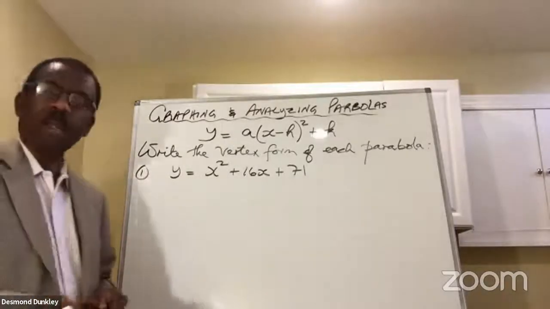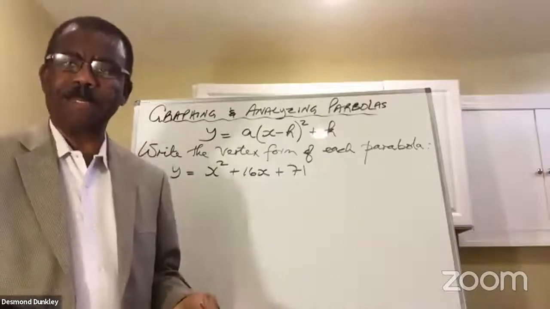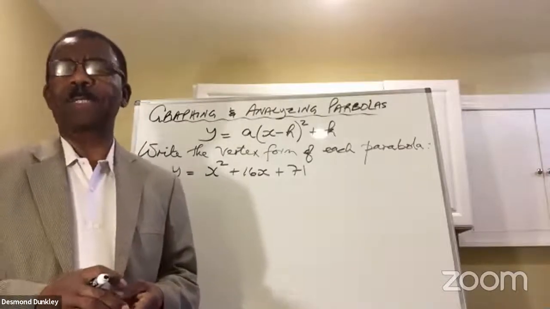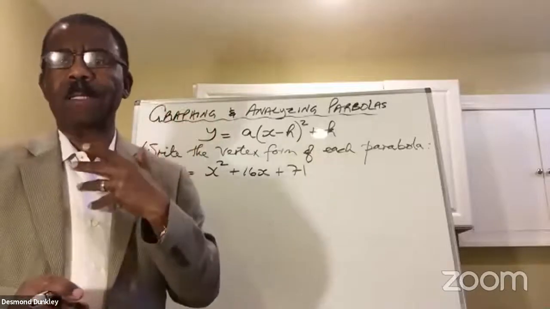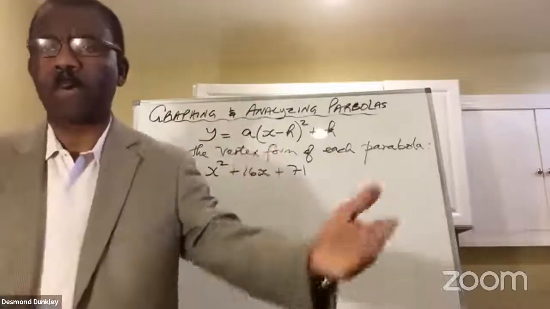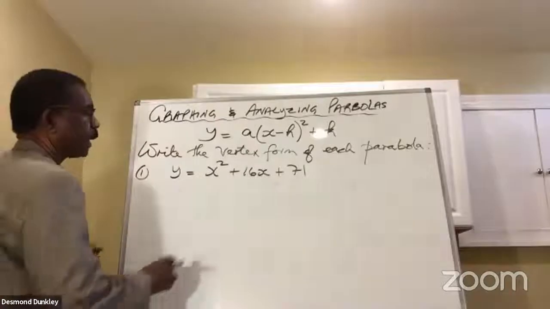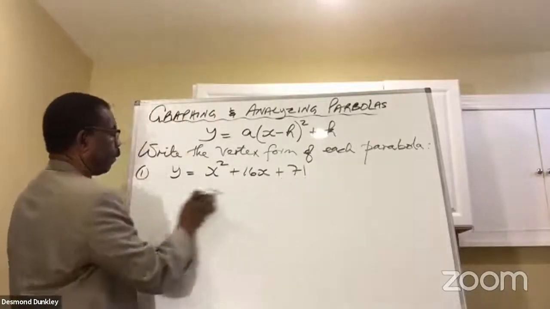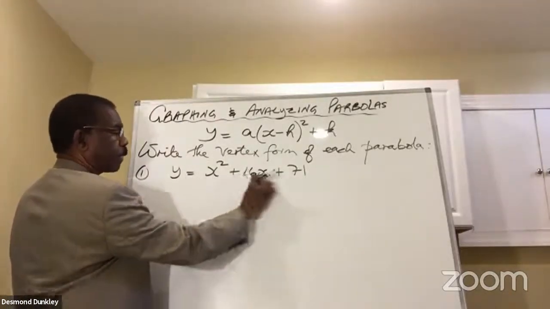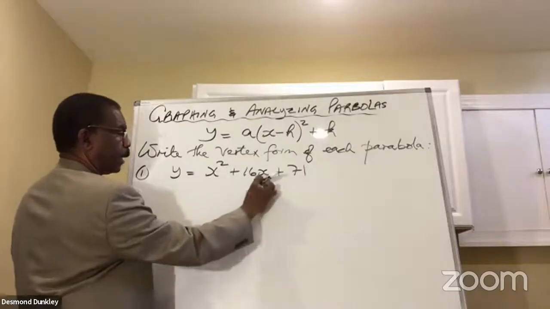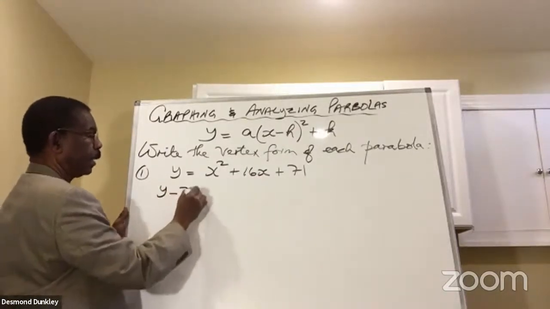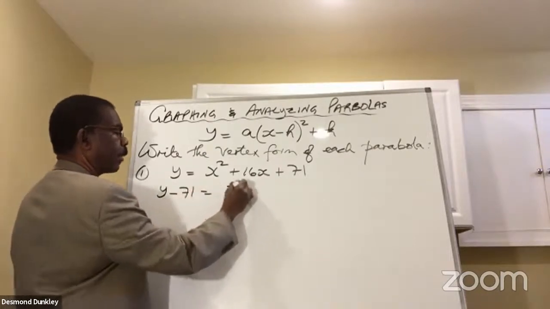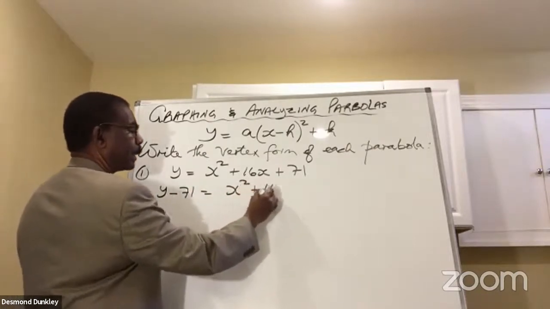Okay, there are different ways to explain this, but I'm going to use one way that I think is less prone to error. What I'll do is move this over here and then just focus on these two terms only. So now we have y minus 71 is equal to x squared plus 16x.